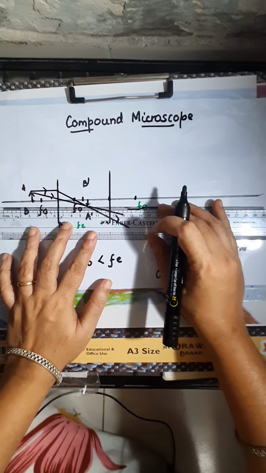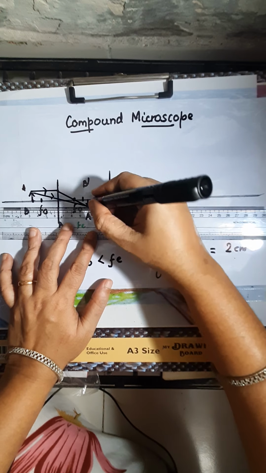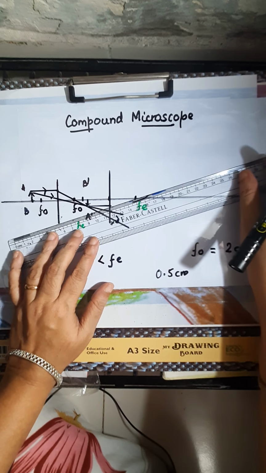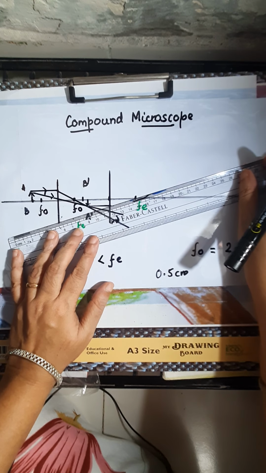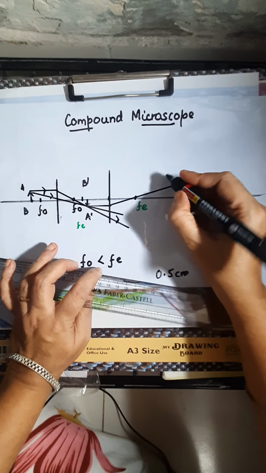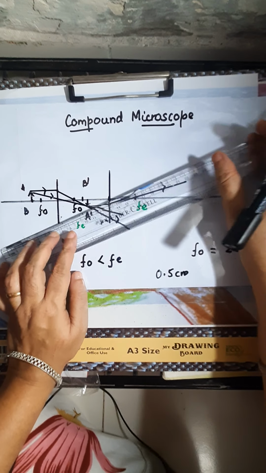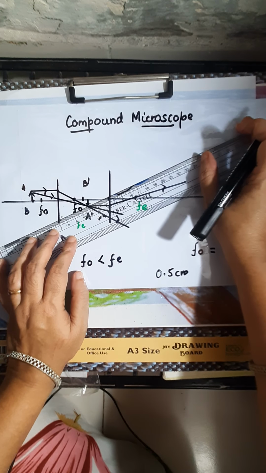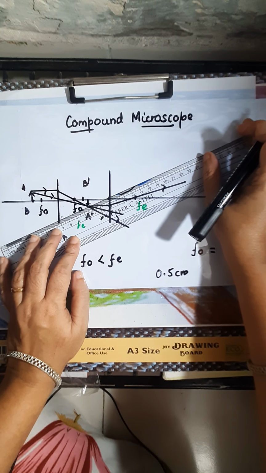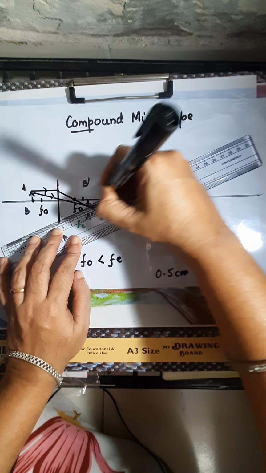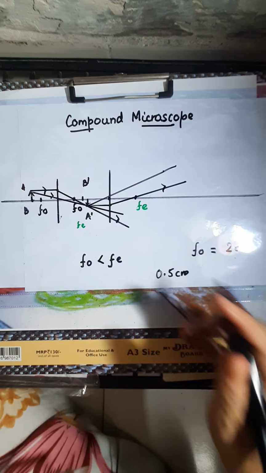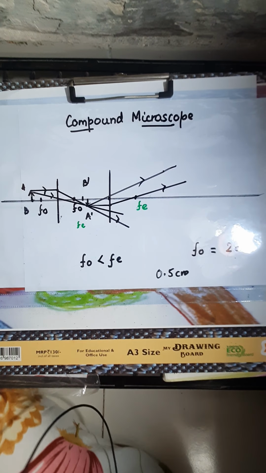Now, my ray of light comes parallel to the principal axis and passes through Fe, and my second ray of light passes directly through the optical center. Can you see both these rays of light diverging away from each other?